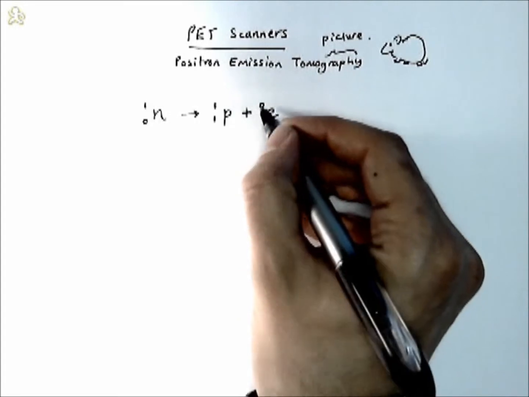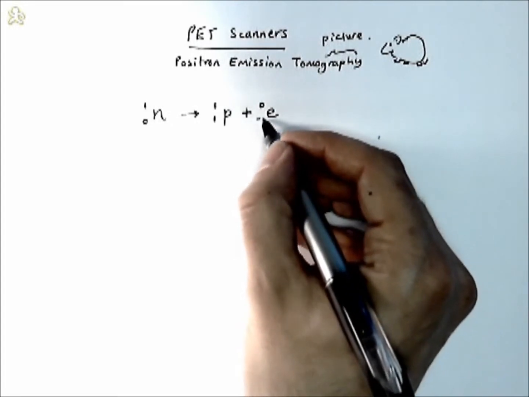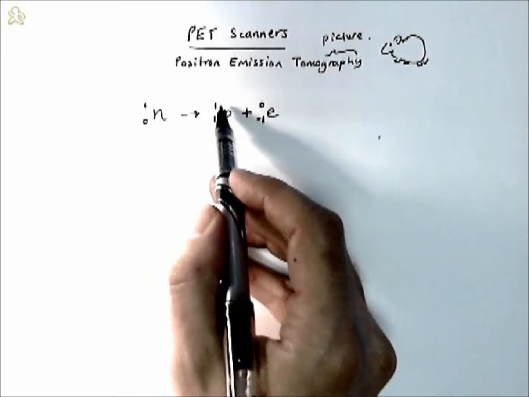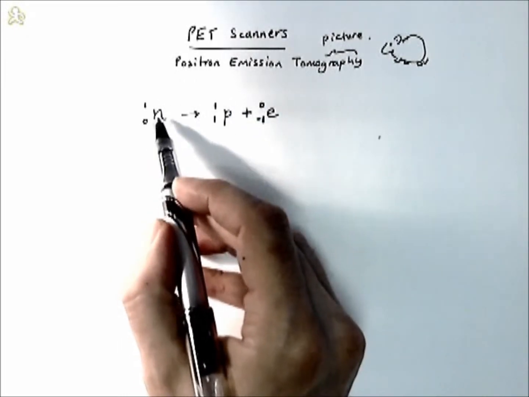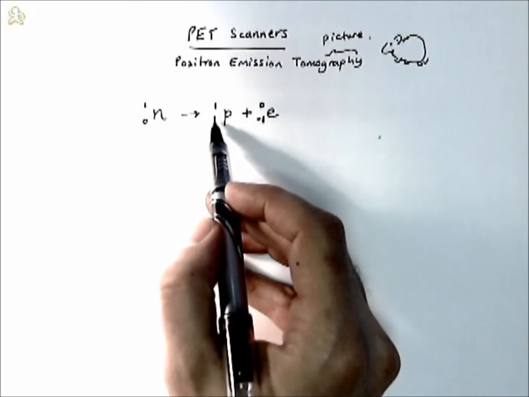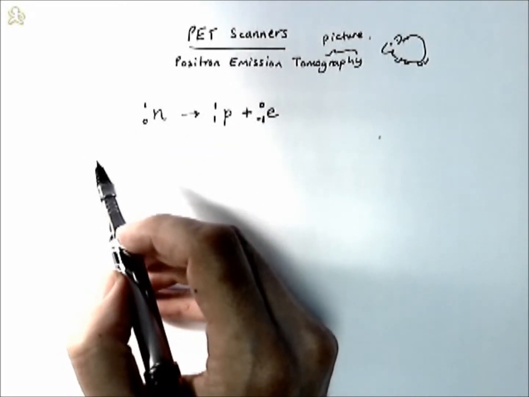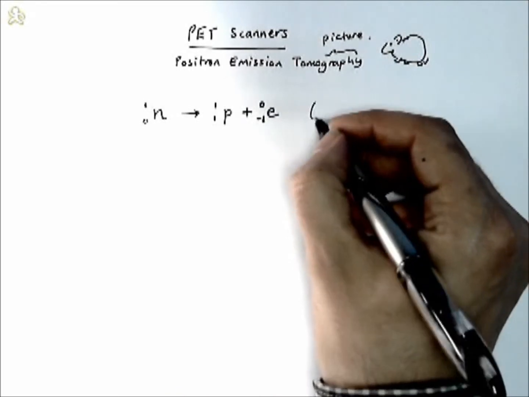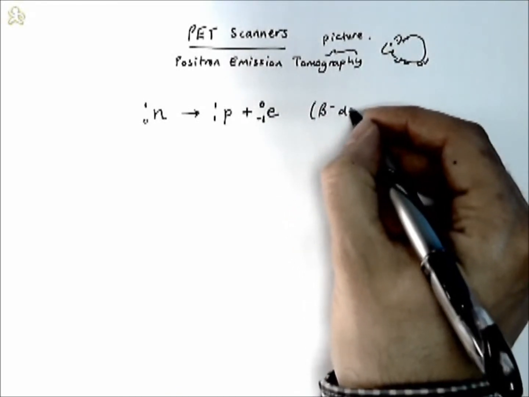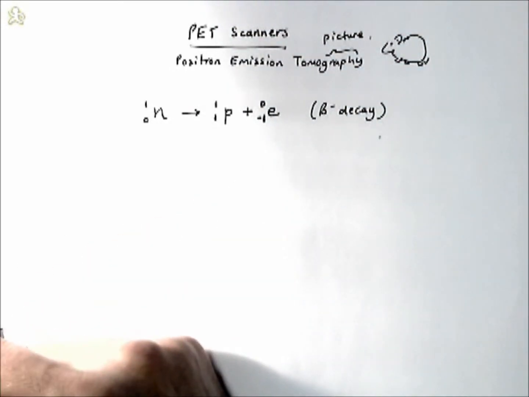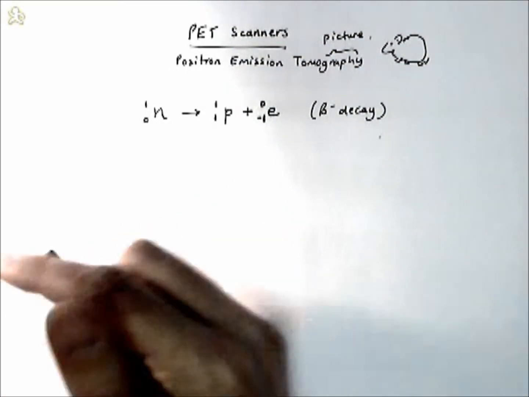An electron has got an insignificant mass and a charge of -1. These mass numbers, by the way, balance, so 1 plus 0 is 1, and here the charge also balances, +1 minus 1 is 0. And that is commonly known as beta minus decay, commonly found in unstable nuclei.